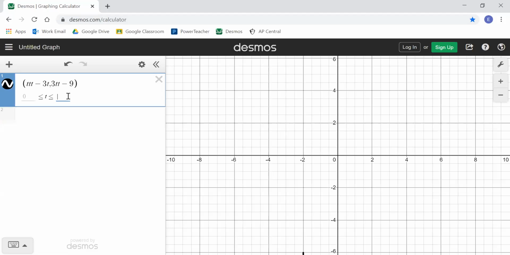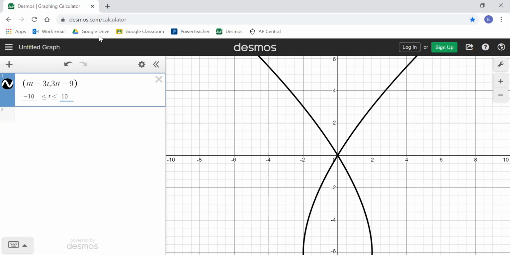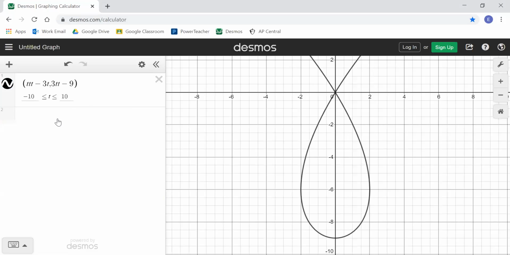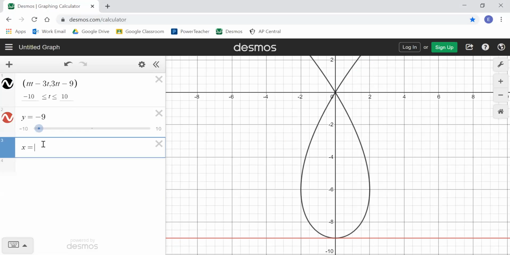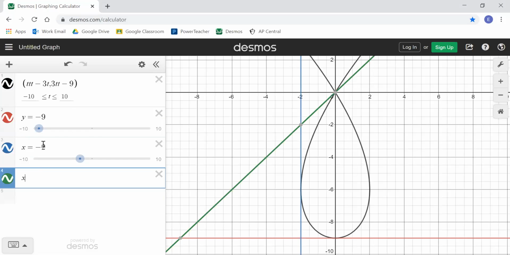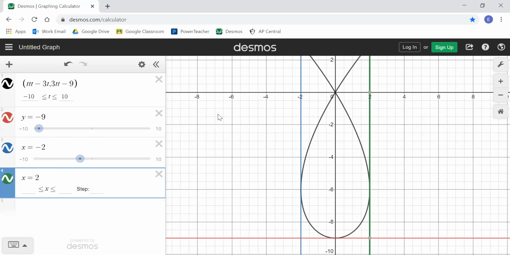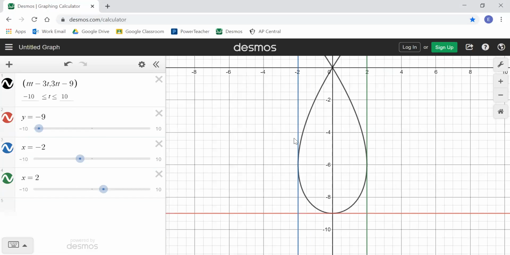And so let's say we're going to go from -10 to +10. So that's what our graph is going to look like, basically. And we had a horizontal tangent line of y equals -9, which we can see at the bottom there, and vertical tangent lines of x equals -2 and x equals 2. And there they are. Everybody good with that?